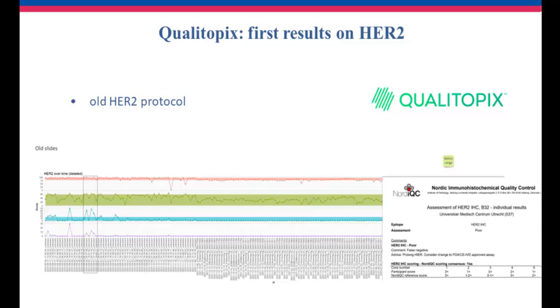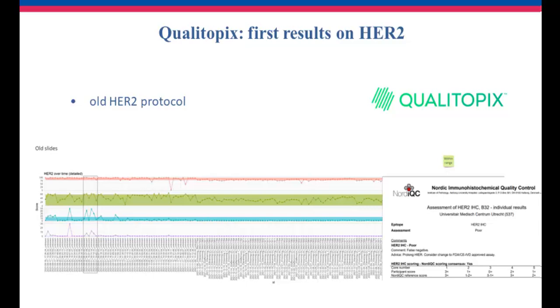You see the same problem is present for 1 plus. It's most of the time quite stable, but in the beginning here, we had some spikes up to the 2 plus region. And that can prompt reflex testing with in situ hybridization, for instance. The 3 plus was most of the time quite stable, but you see the 2 plus was basically quite unstable all the time. And we ran this through the Nordic quality control assessment, and we scored poor, as you can see.